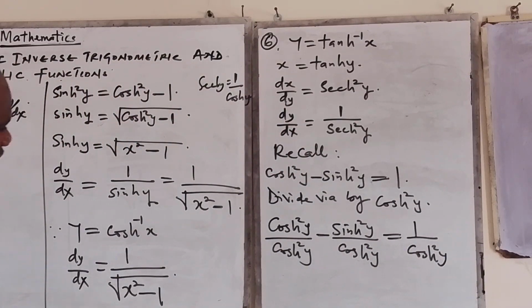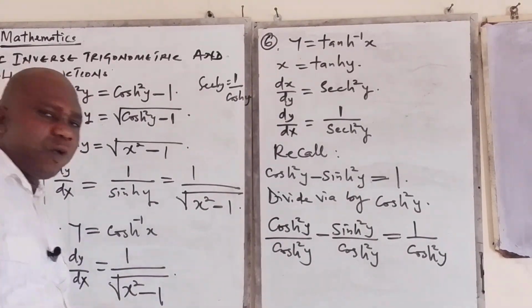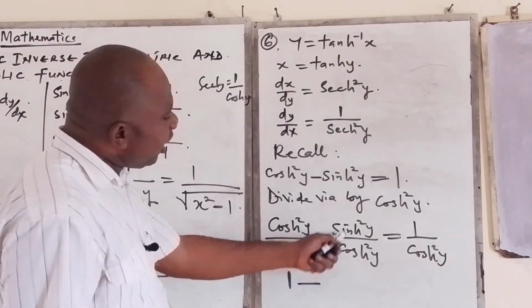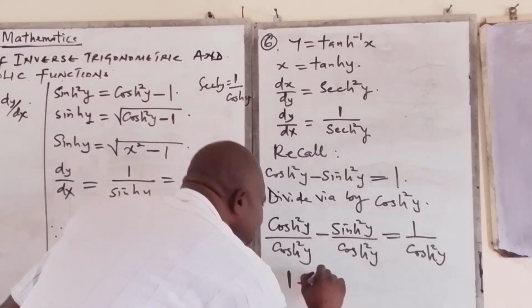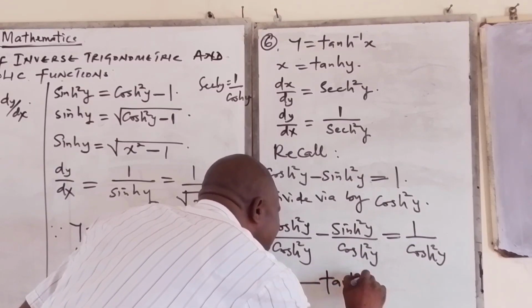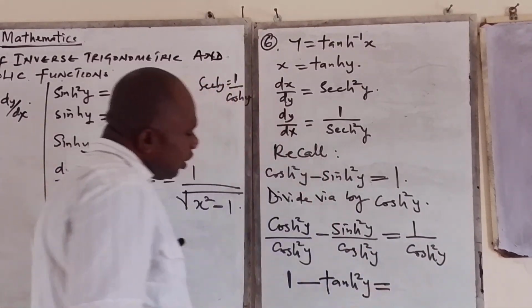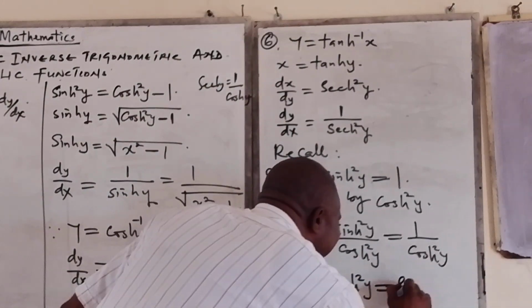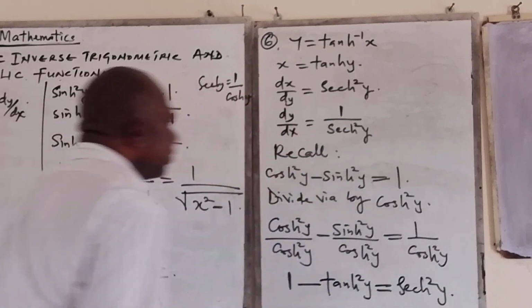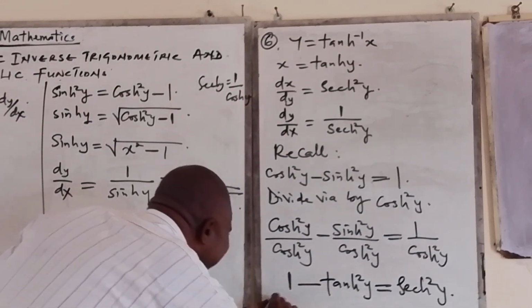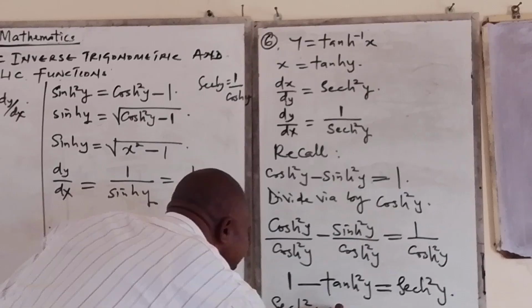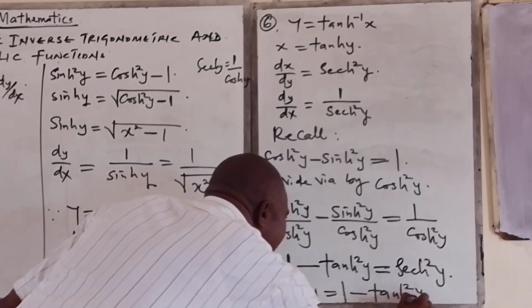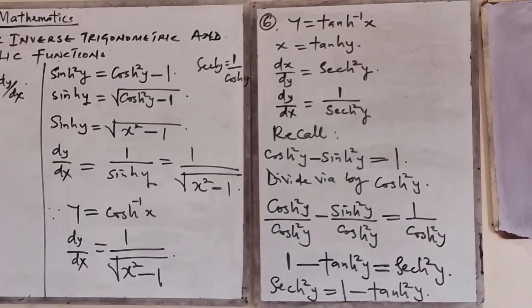So 1 minus tan h square y is equal to sec h square y. So it therefore means that sec h square y is the same as 1 minus tan h square y.